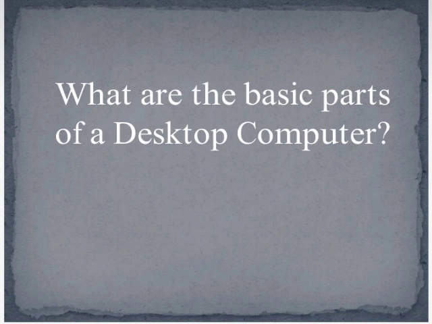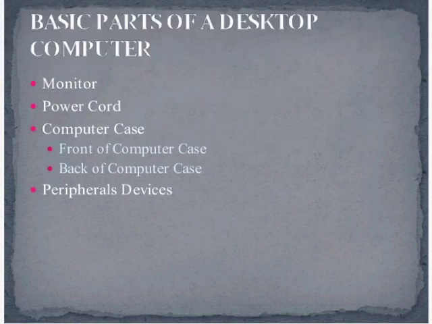Now tell me, what are the basic parts of a desktop computer? Monitor, keyboard, mouse, CPU, power cord are the basic parts of a computer. For this session, under basic parts of a desktop computer, we are going to see monitor, power cord, computer case.